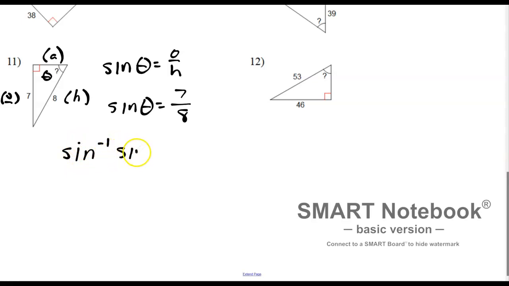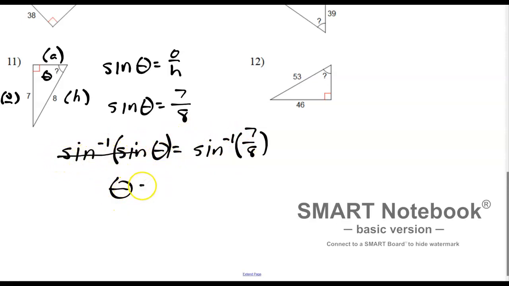I'm going to take sine inverse of sine theta so that it can cancel on both sides. Okay. And typically, this is kind of the notation. Here we'll do it this way. Okay. It's been canceled, and I have theta equals sine inverse of 7/8.